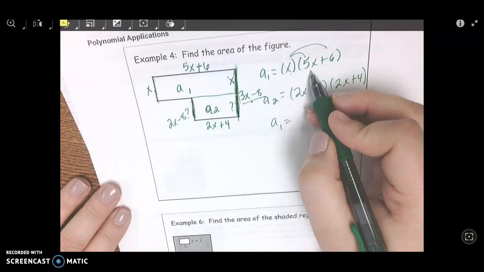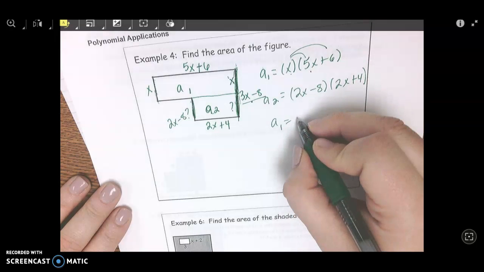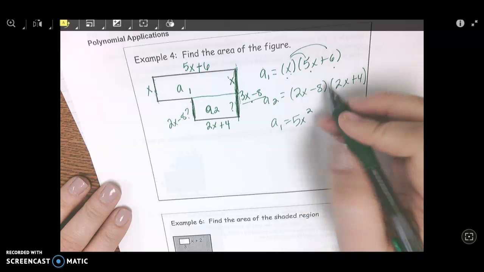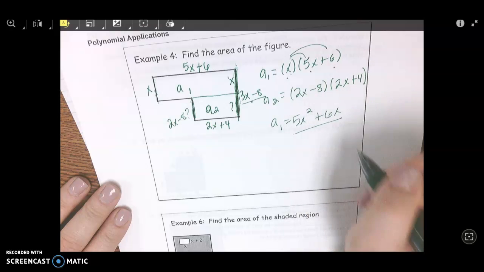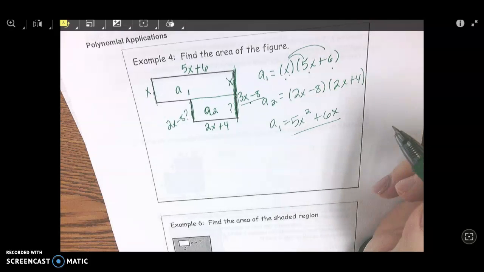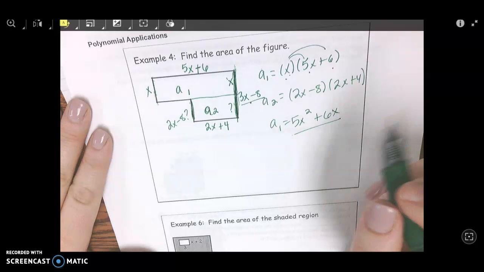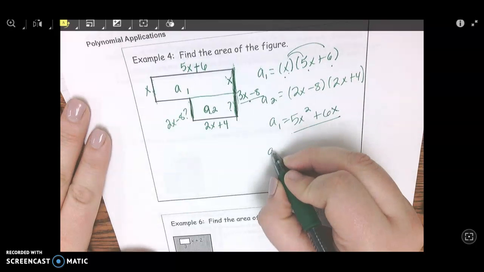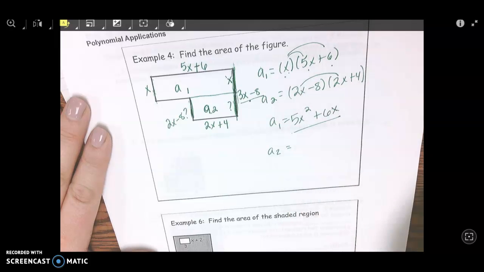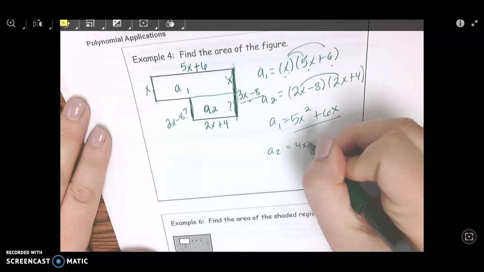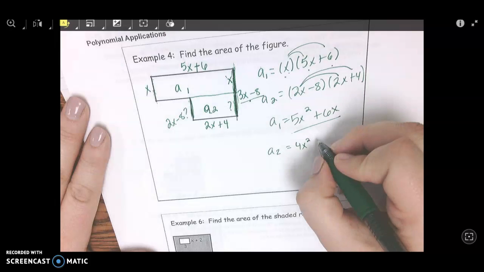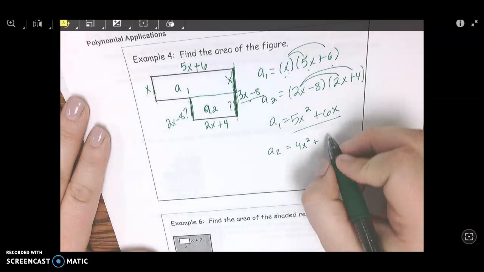A1, what's x times 5x? 5x squared. What's x times 6? 6x. And then if you multiply that out, 2x times 2x is 4x squared. 2x times 4 is 8x.